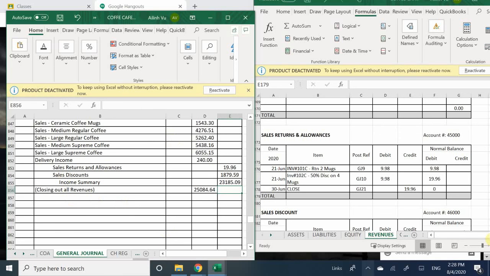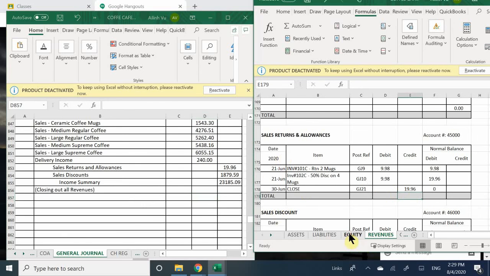And if I verify that these are equal by summing this, I'd be able to say, hey, yes, they do equal. They're both 25,084.64.